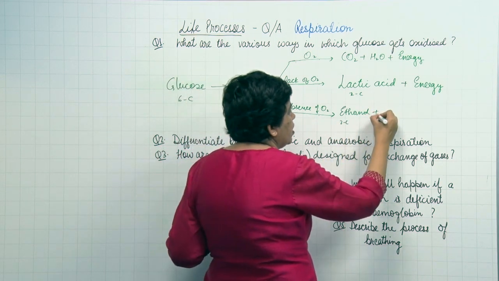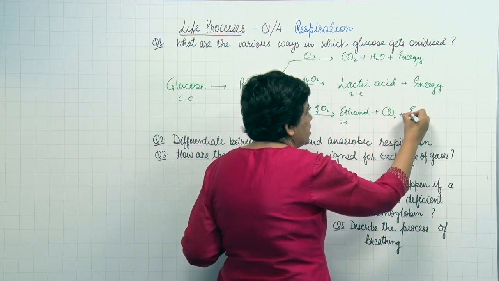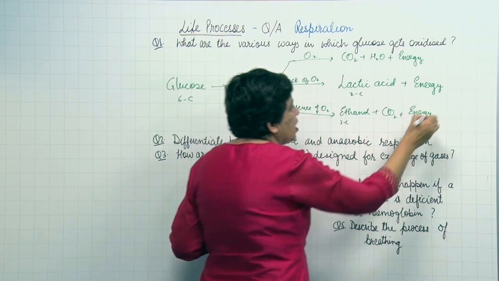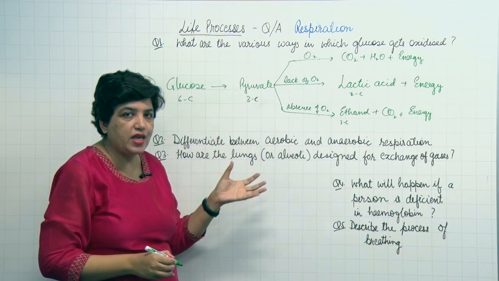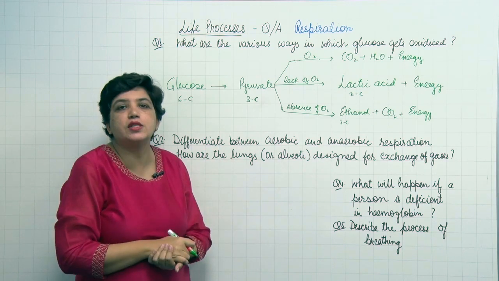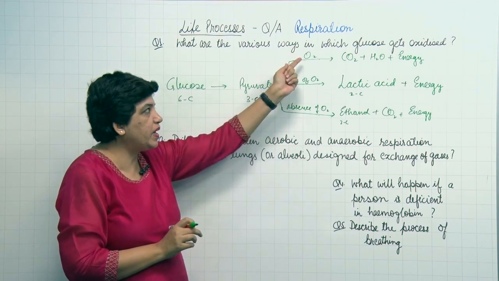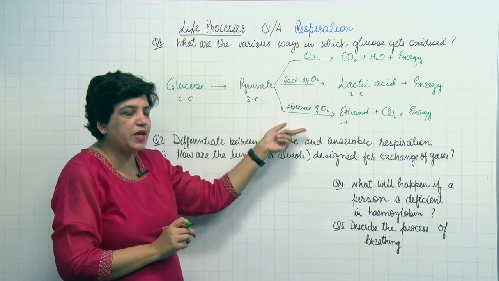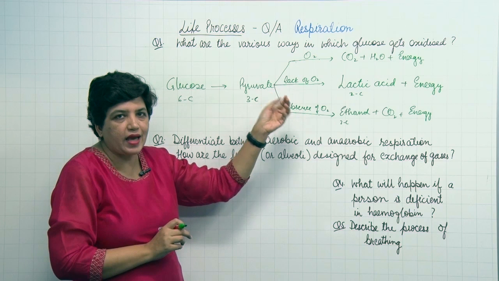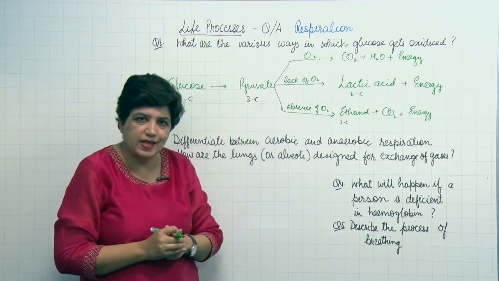So ethanol plus carbon dioxide plus energy. So these are the 3 various ways in which glucose gets oxidized or broken down to release energy. One is aerobic respiration, another is anaerobic respiration, and the third is when there is lack of oxygen in human muscle cells.